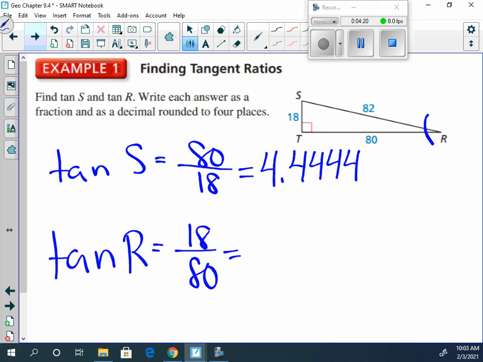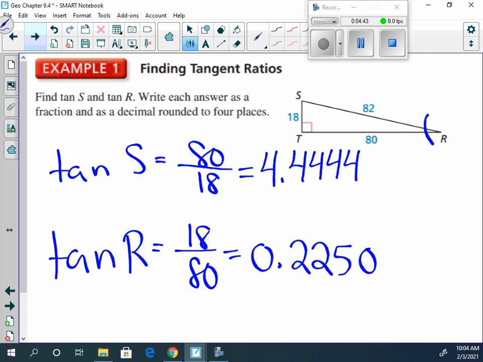Now 18 over 80, I'm guessing it stopped at 5. Right. So if they want 4 decimal places, we'll have to add a 0 to it because it wants 4 decimal places. And that's it.